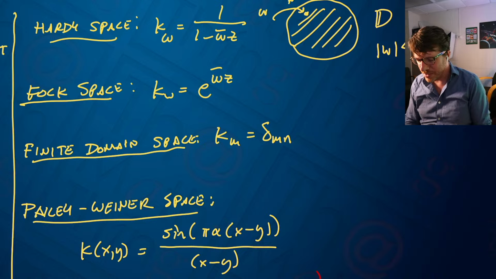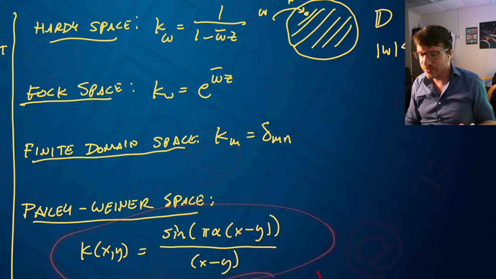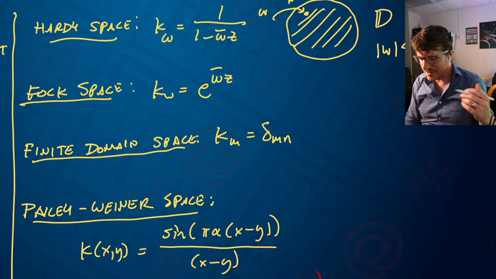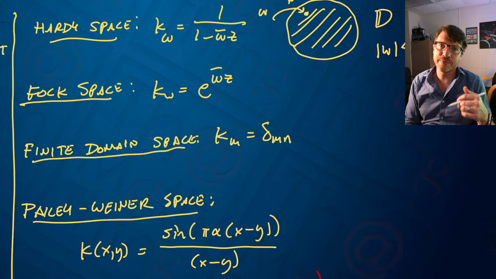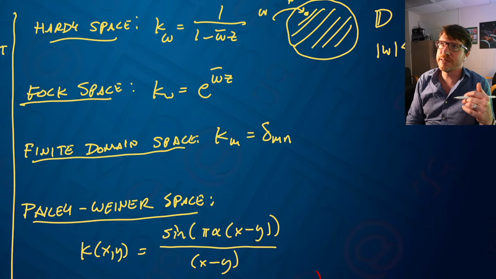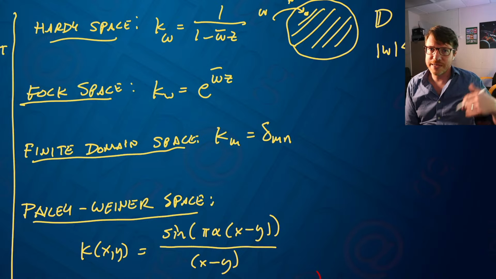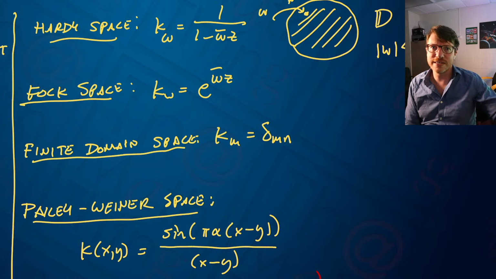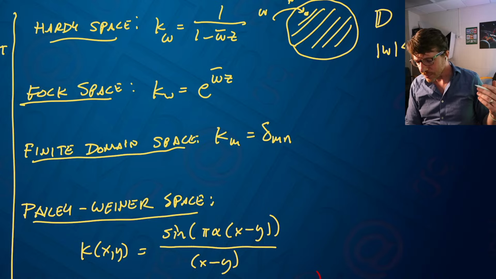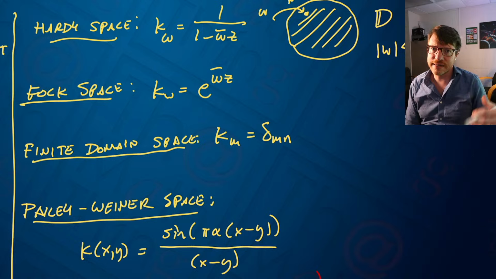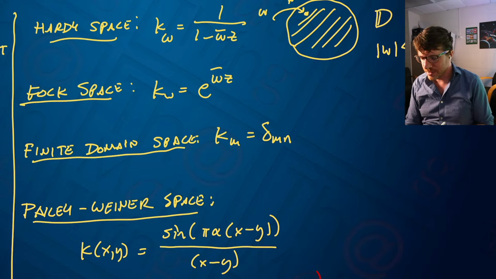But the Paley-Wiener kernel itself is a sinc function, and that's pretty nice. When you see the Paley-Wiener space and the Shannon-Nyquist theorem, it says that you can reconstruct perfectly any function given that you are sampling at twice the highest frequency in the spectrum, right? The way you do that reconstruction is through a series of these sinc functions.